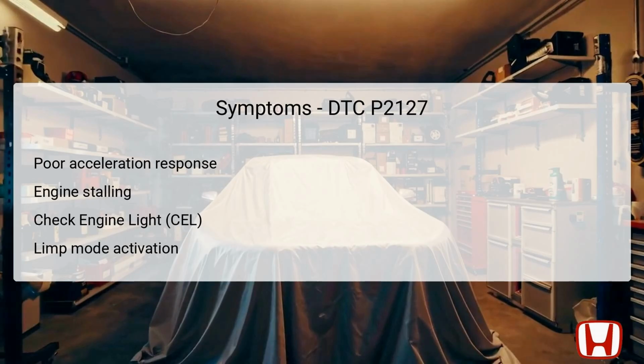Another common indicator is the illumination of the check engine light, CEL, which alerts the driver to potential issues within the engine management system. In severe cases, the vehicle might enter limp mode, a safety feature that restricts engine power to prevent potential damage, thereby making it unsafe to drive normally. Recognizing these symptoms early can help in seeking timely repairs and avoid further complications.